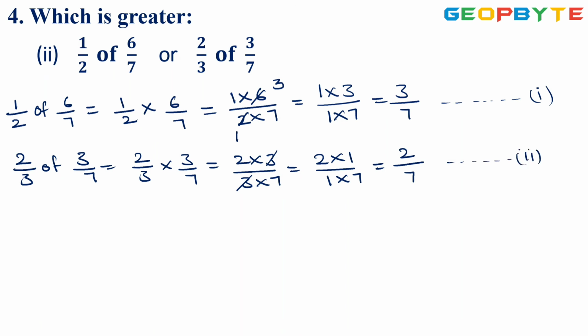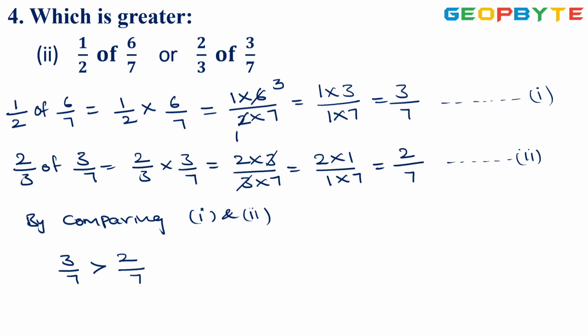So by comparing 1 and 2, clearly we can say that 3 by 7 is greater than 2 by 7.